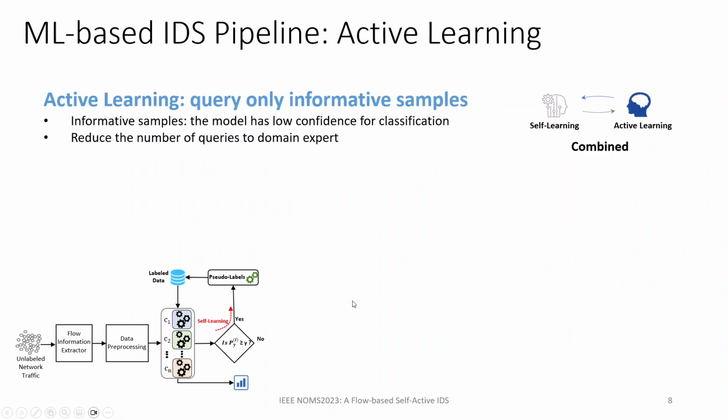That's why we use active learning to query those informative samples from the human expert. So we take the human expert back into the loop. So we have the human in the loop here. The human only labels those uncertain samples, not all the samples.